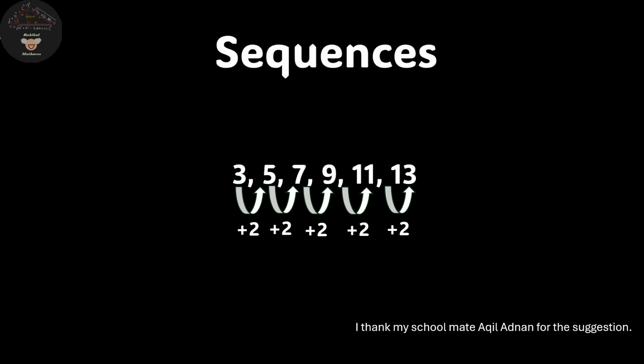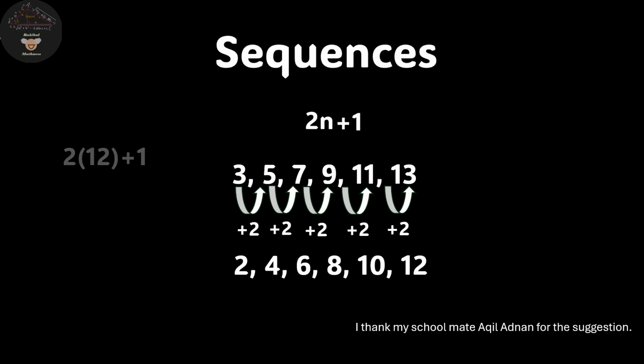Now, this 2 goes in front of n, but 2n is 2, 4, 6, 8, 10, 12. What could we have done wrong? The thing we did wrong was that we have to add 1 to get to our sequence. So it's 2n plus 1. So if we want to find the 12th term, 2 times 12 plus 1, which is 24 plus 1, which is 25.